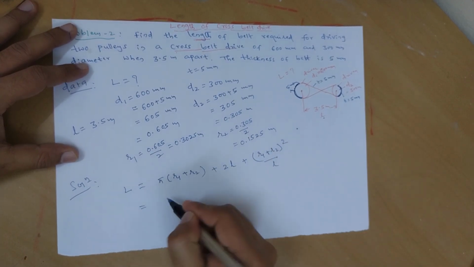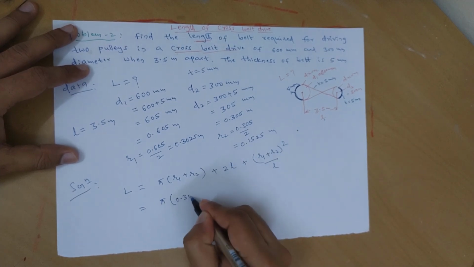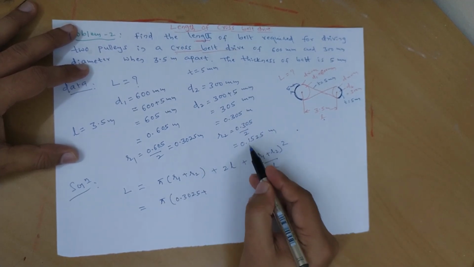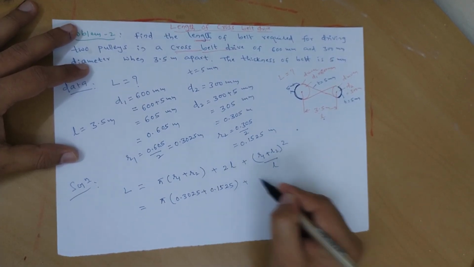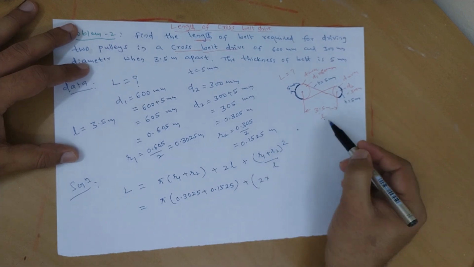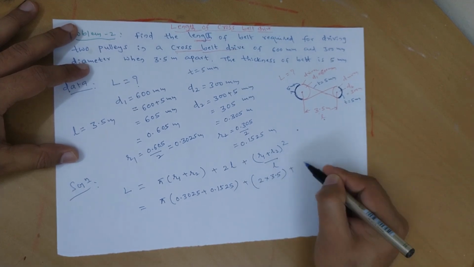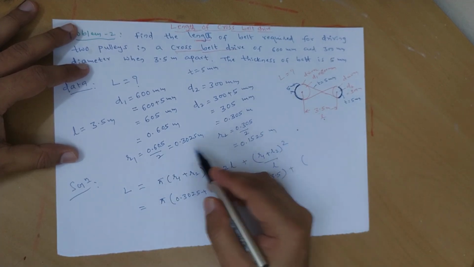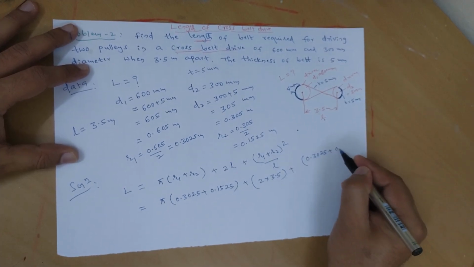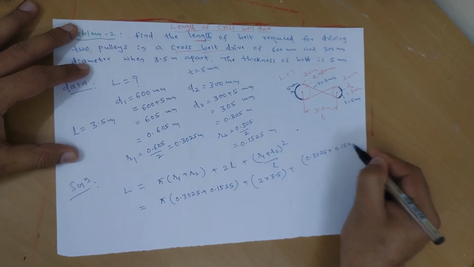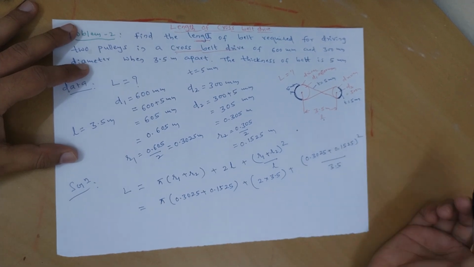So substitute: pi into the bigger pulley radius 0.3025 plus 0.1525, plus 2 times the center distance 3.5 meter, plus (0.3025 plus 0.1525) whole square divided by the center distance 3.5 meter.